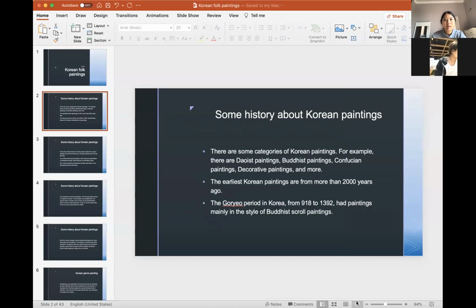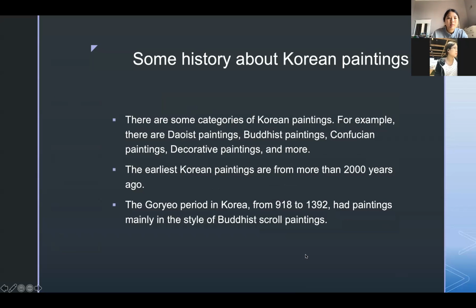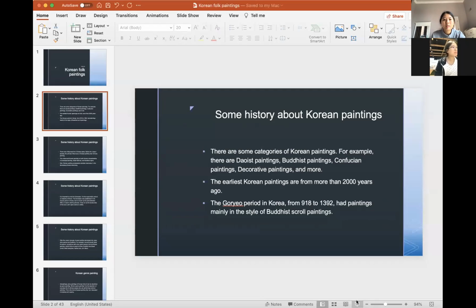Okay, let's get started. Wait, was it better to do it full screen? I'll just leave it like this.